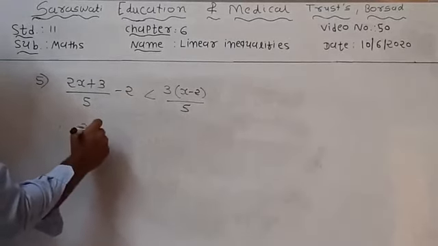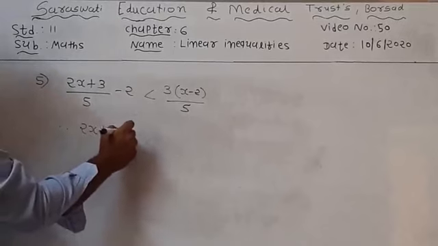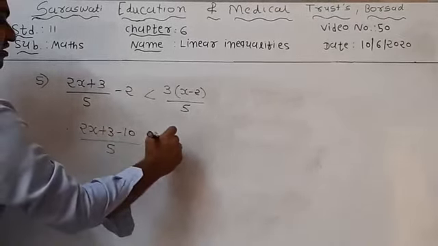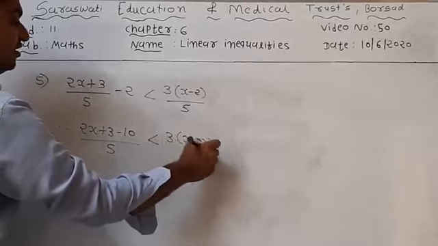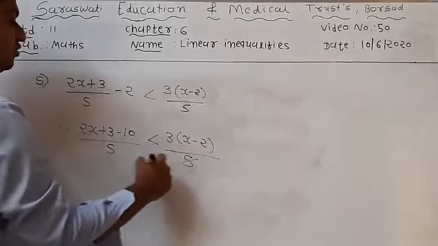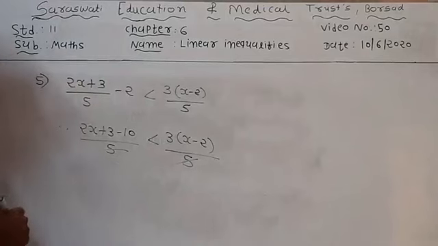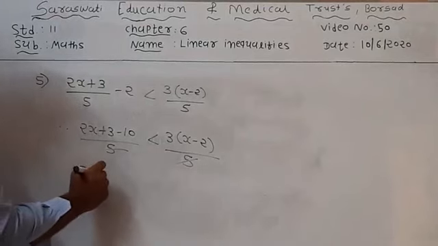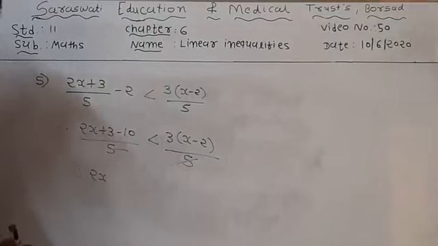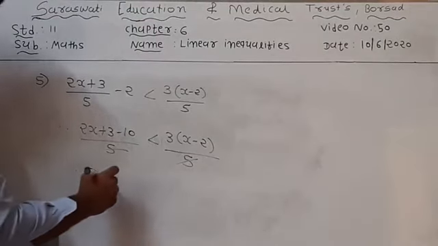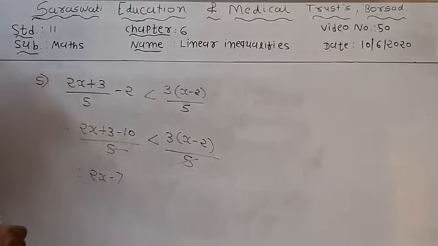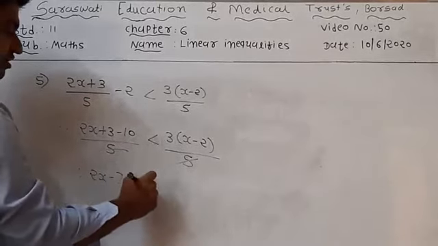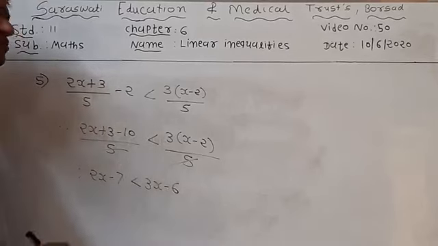Therefore (2x + 3 - 10)/5 less than 3(x - 2)/5. The 5 cancels out in the denominator. Now after simplifying the numerator, 2x + 3 - 10, that means 2x - 7, less than, here opening this bracket, 3x - 6.